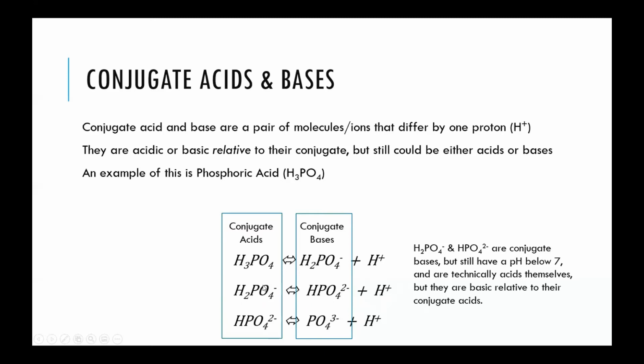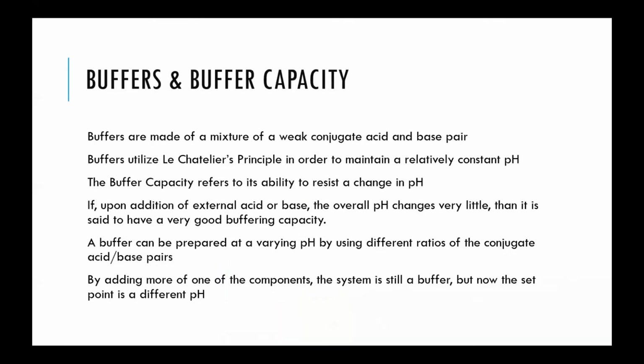By adding additional acid or base, the reaction of this equilibrium and Le Chatelier's principle can utilize that additional acid or base in order to maintain a relatively constant pH. And a buffer capacity refers to the ability to maintain that pH or resist a change in pH.